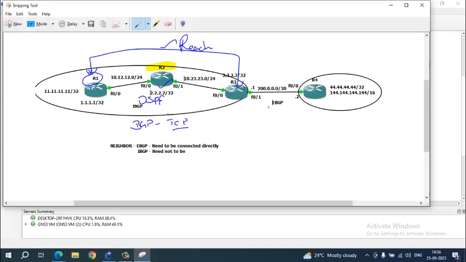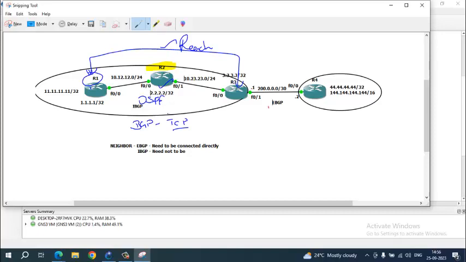The TCP BGP packet can go and negotiate only if there is a path to reach the neighbor. So R1 needs to ping R3 and R3 needs to ping R1 in order to form a BGP neighbor.